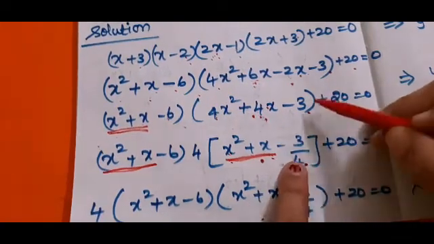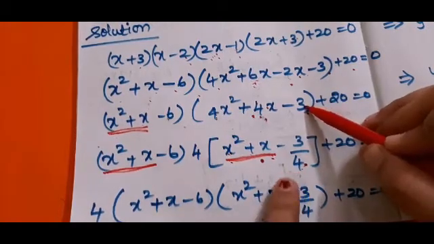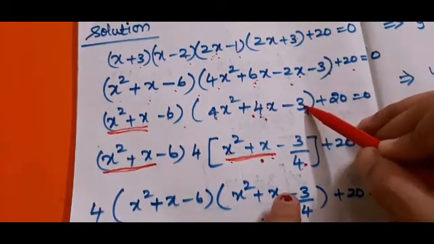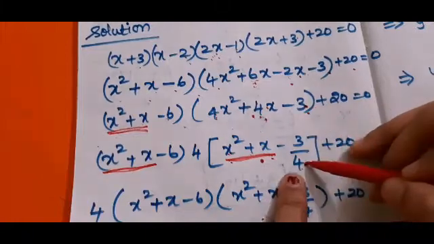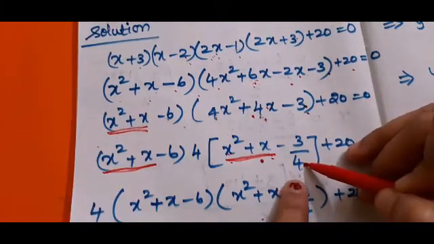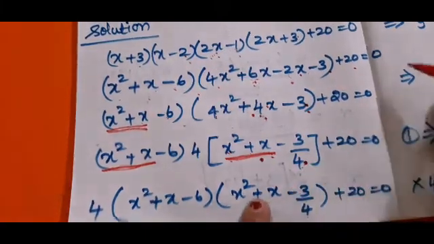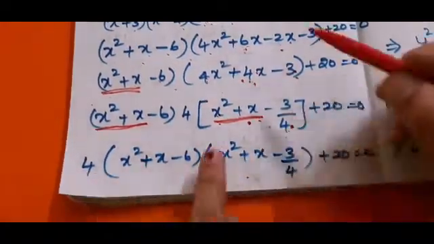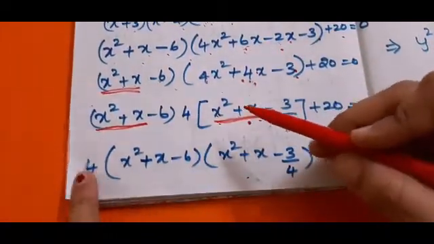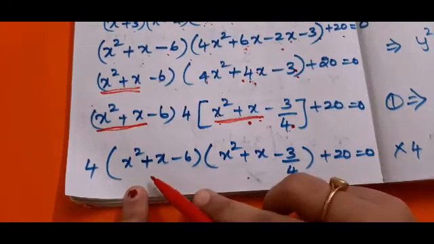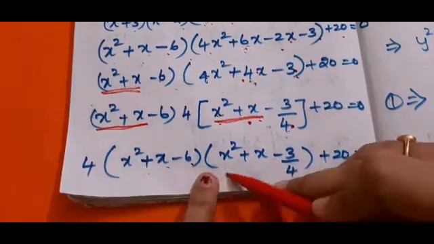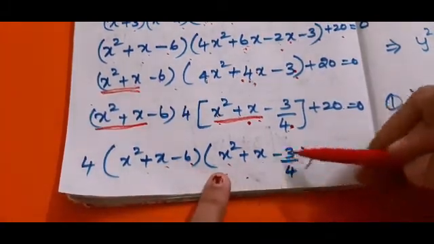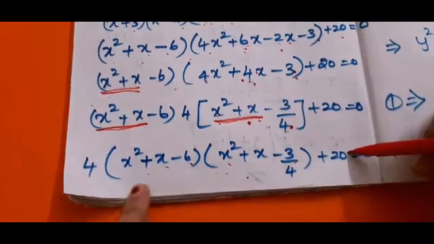Here I have only 3, so I cannot take 4 from 3. So, I must divide by 4. Plus 20. Then, this 4 I can take here: 4 into (x square plus x minus 6) into (x square plus x minus 3 by 4) plus 20.